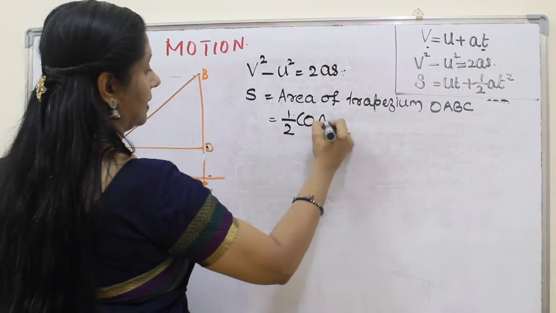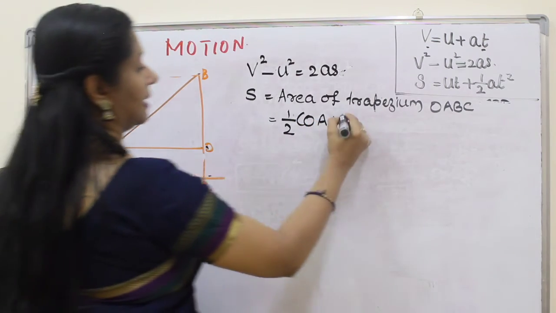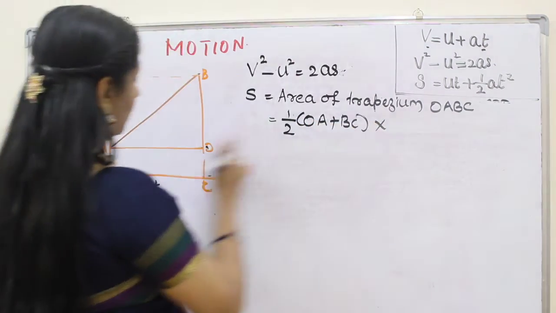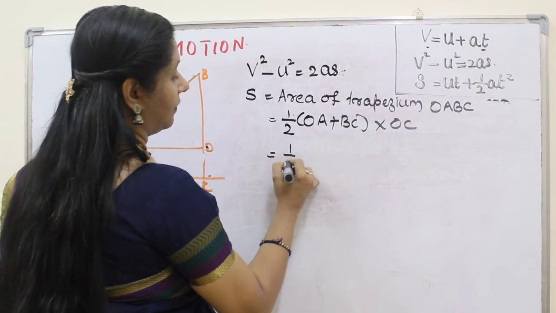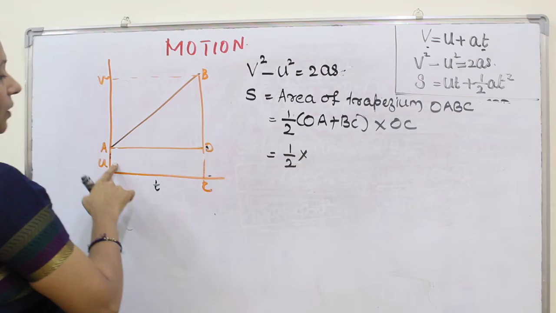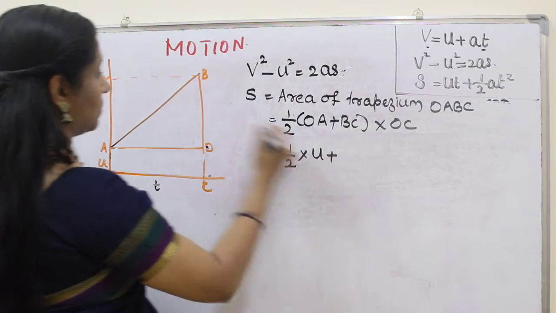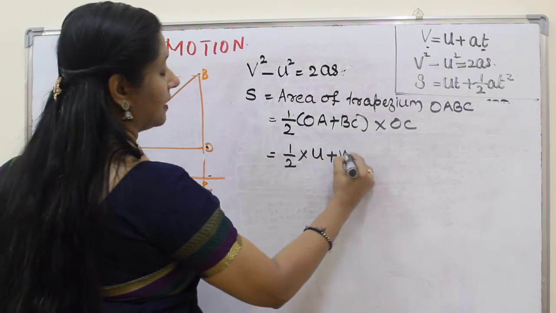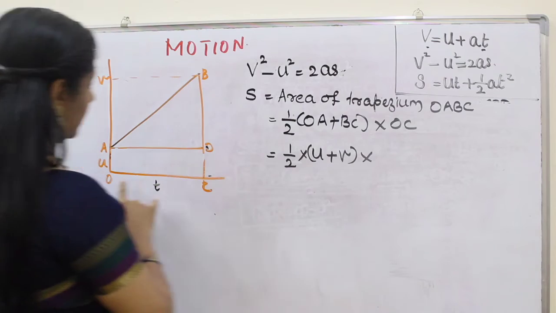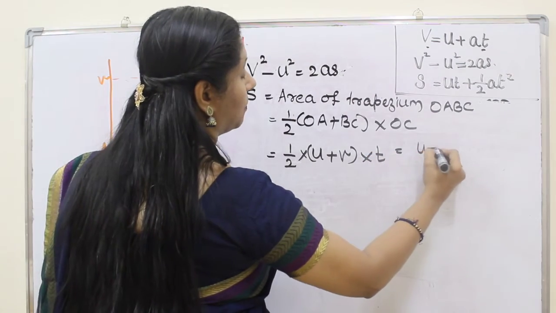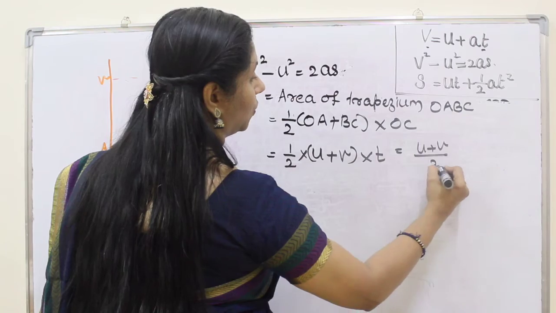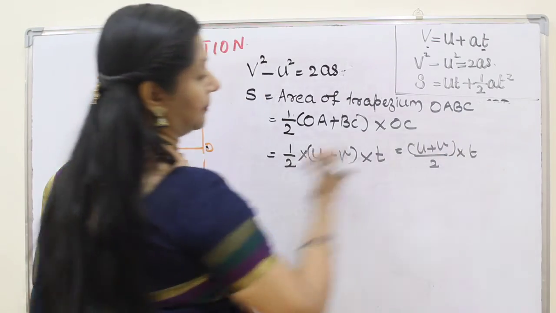OA plus BC into height. Height is OC. So half into, what is OA? OA is U plus, what is BC? BC is V, into what is OC? OC is time. So we can write U plus V upon 2 into T.